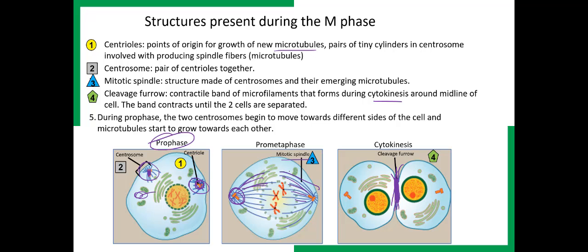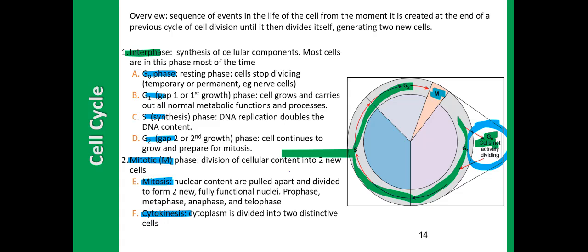Before we talk about the process of mitosis, remember, mitosis is just the division of the nuclear content, right? The synthesis of a second set of nuclear content actually occurs during the S phase. So DNA replication occurs during the S phase.